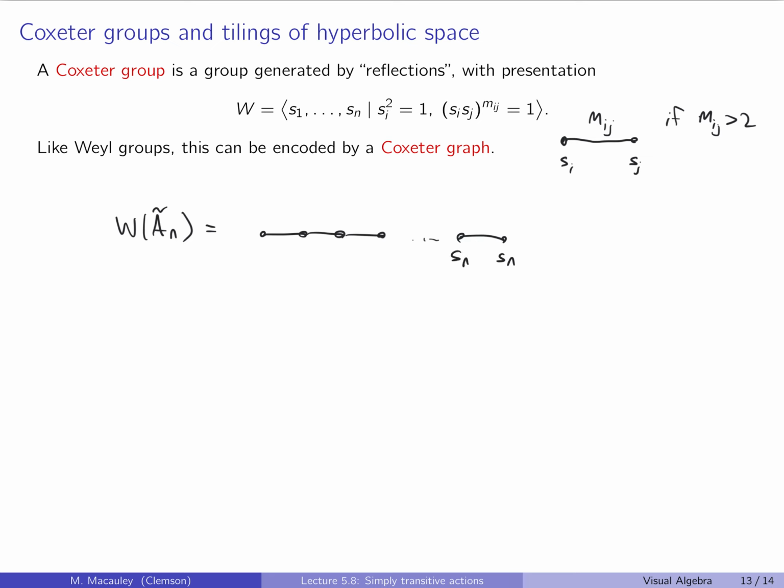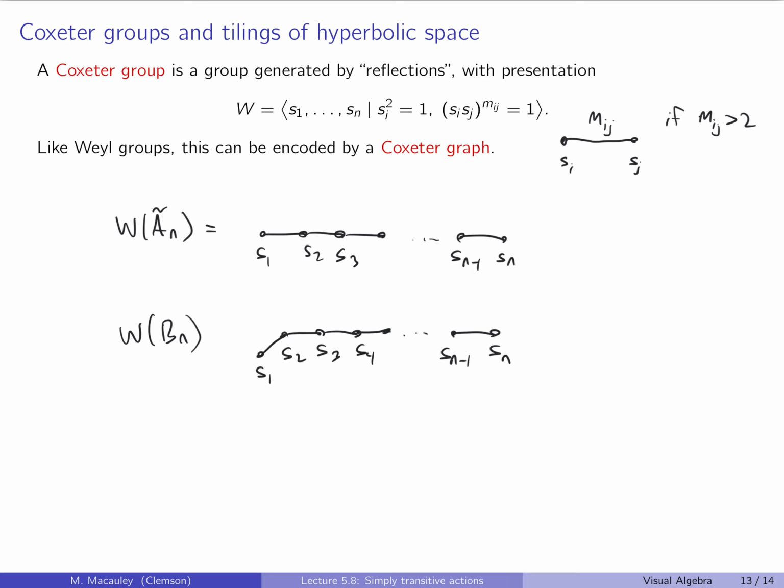So here's Sn minus 1 and S1, S2, S3. So then there's the Weyl group of type B. I'm going to hold off on the tildes for just a moment. So Bn. So we have Sn, Sn minus 1, S1, S2, S3.